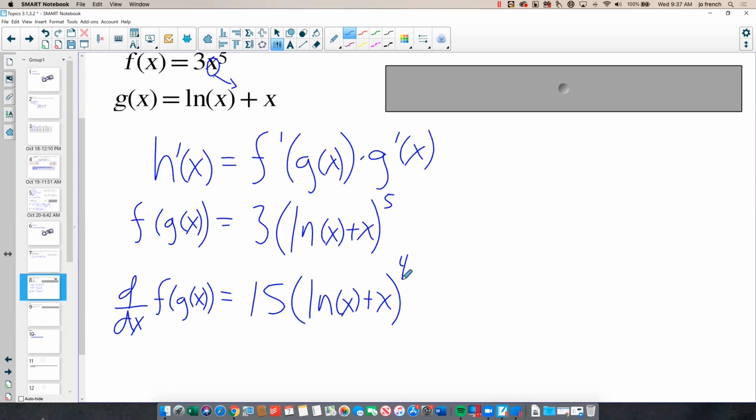And then we multiply by the derivative of the inside, the g prime. And g prime is going to be the derivative of the natural log of x, which is 1 over x, plus the derivative of x, which is 1. And there we have our derivative. The derivative of the outside, leave the inside alone, times the derivative of the inside.